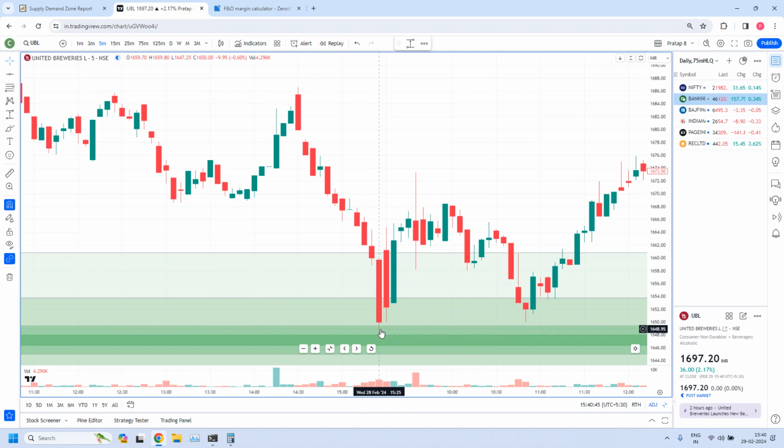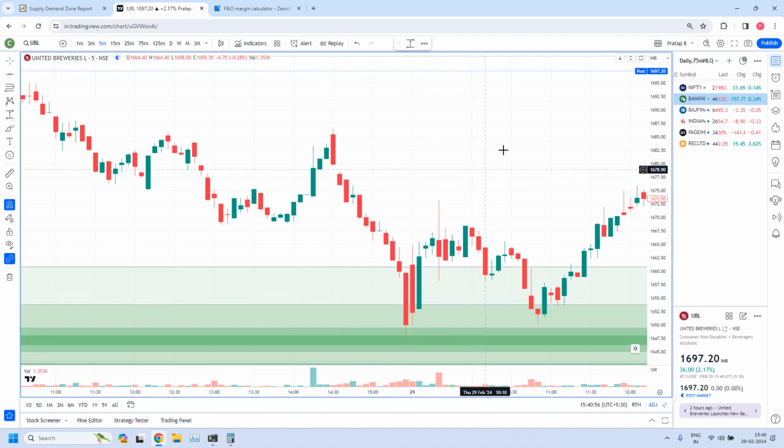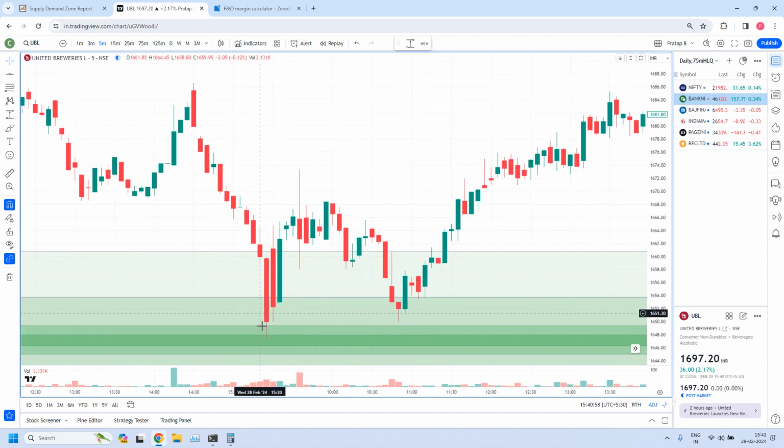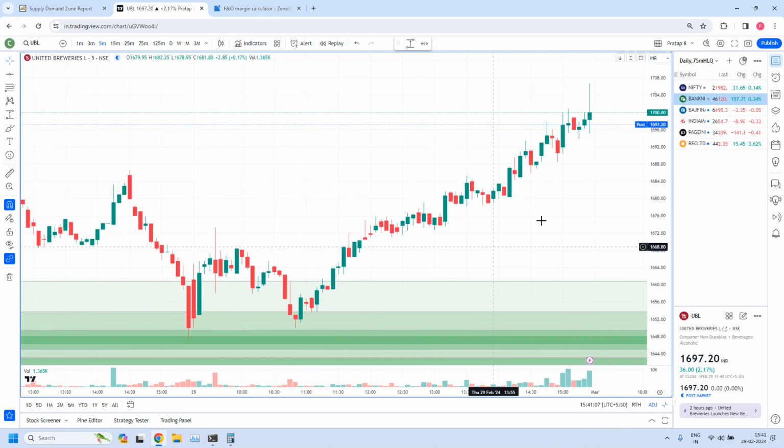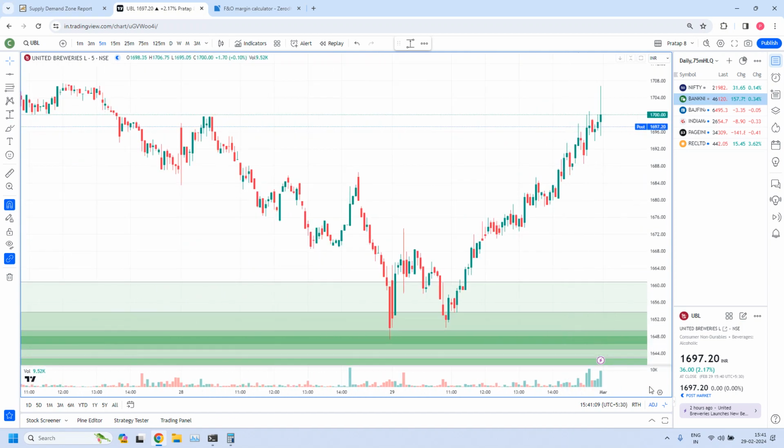Today I explained this in the HLQ trade analysis this morning. Yesterday it came, but we didn't take it because it entered at the last minute. In this morning's HLQ trade analysis, I actually explained this UBL. I'm sorry, I forgot it. So we got an entry yesterday during the last minute. If anybody carried the position today, you would have got profit.